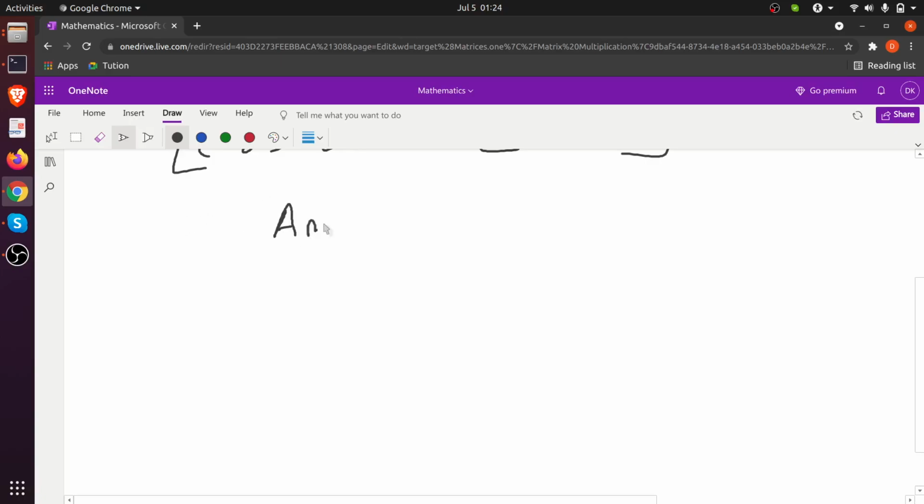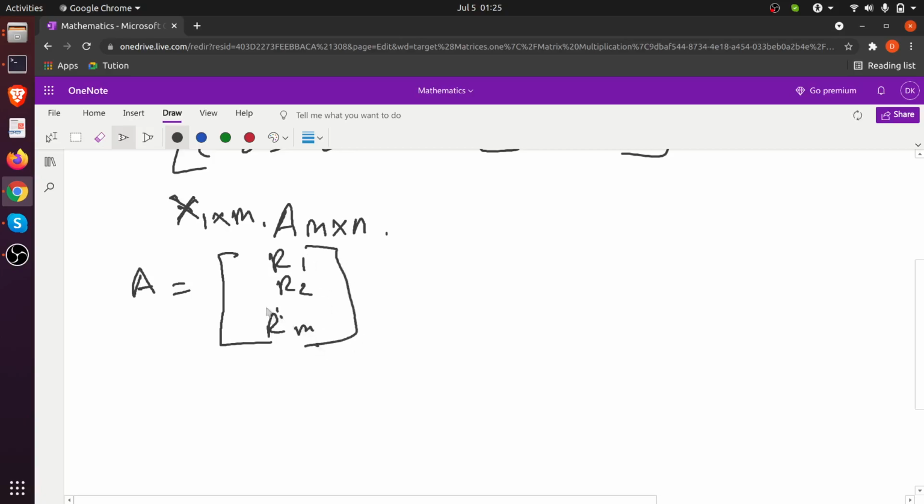Let A be an M cross N matrix. Now consider a row vector X, which is of dimension 1 cross M. Let me write A as row 1, row 2 up to row M. I'm just writing A as M row vectors, so each row is a vector.